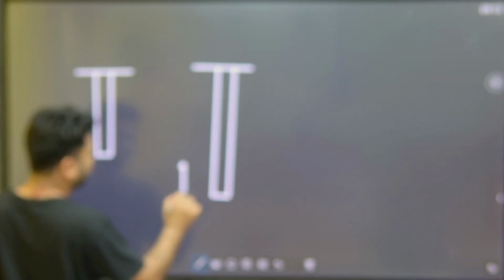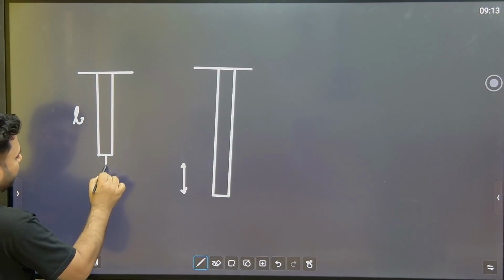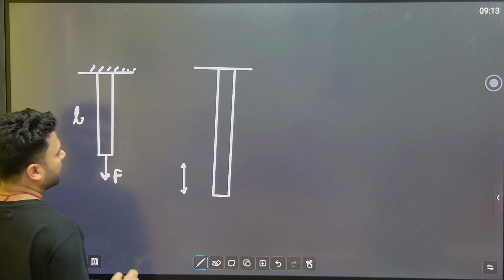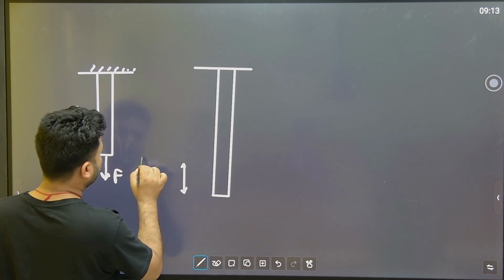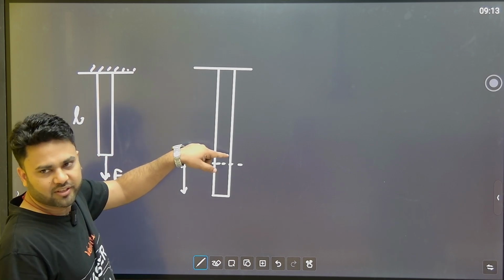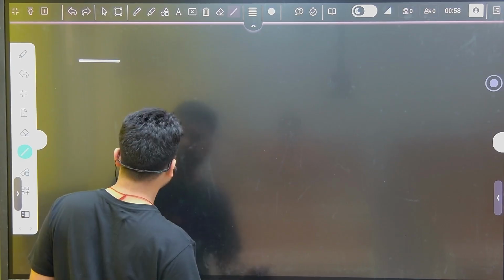This much length it got increased. Suppose L was the original length, you applied some force. Till here it was the original length, and this much is the increase in length.